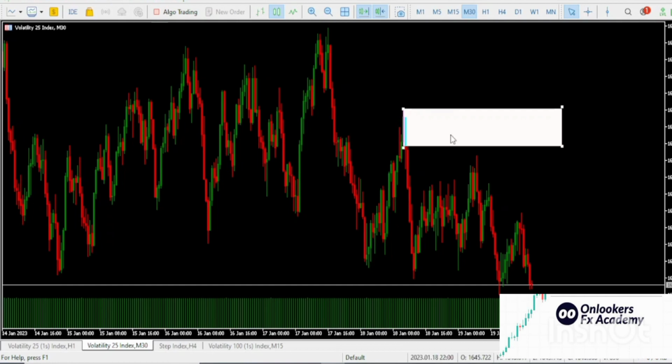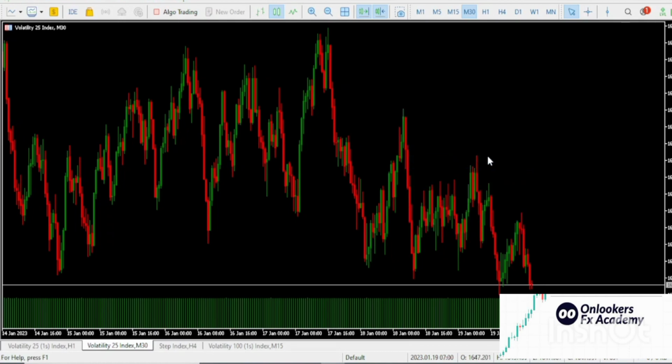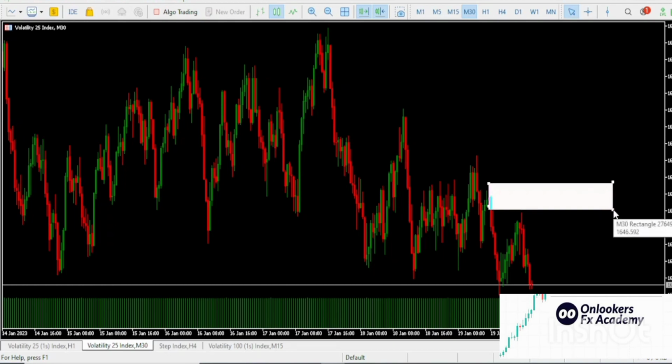This is another one. Now there are times that price won't actually get to our order block, but it gets to where our imbalance is.